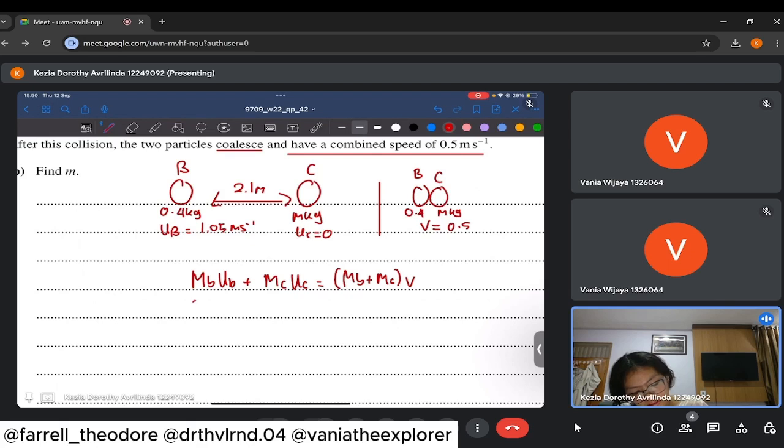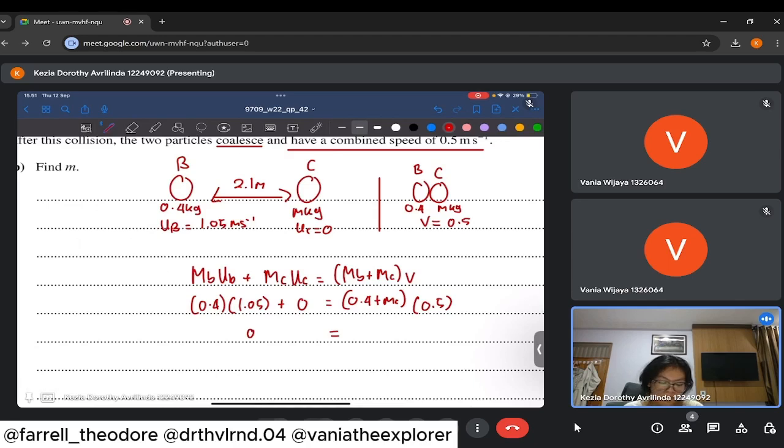So MBUB is 0.4 times 1.05 plus 0 since it's at rest. And then MB is 0.4 plus MC times 0.5. You can just change the positions of the numerical values.